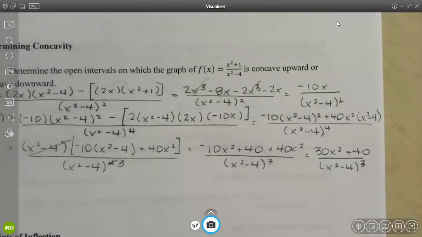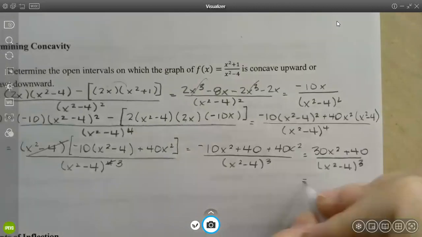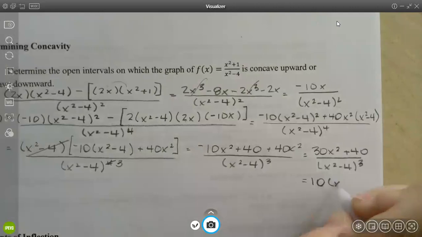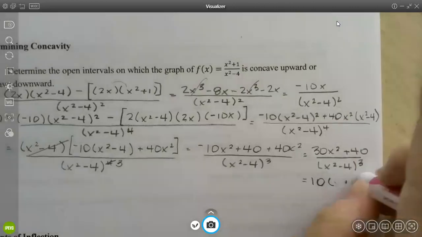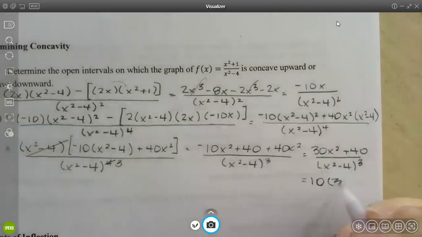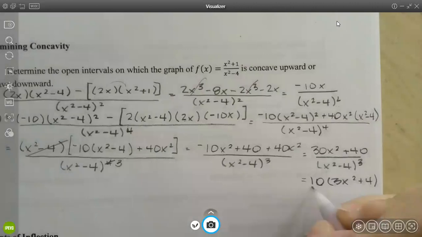This is fine, but they go ahead and take the 10 out as well. So the actual final, sorry, 3x squared. Second derivative is 10 times 3x squared plus 4 over x squared minus 4 cubed.